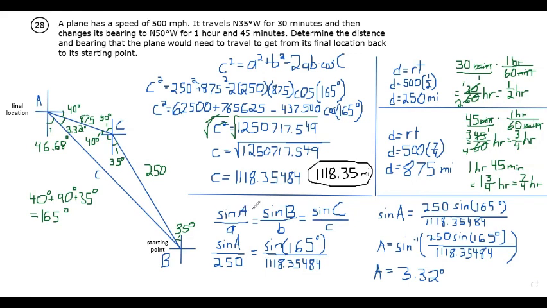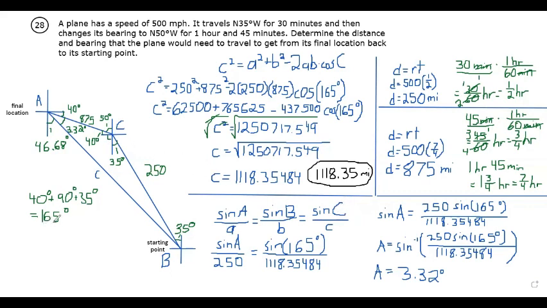This identity has three different parts, but we're only going to use two of them when we solve for angle A. The first part is the part that includes the angle A, so we're going to use that part. And the second part that we need is going to include the angle C.